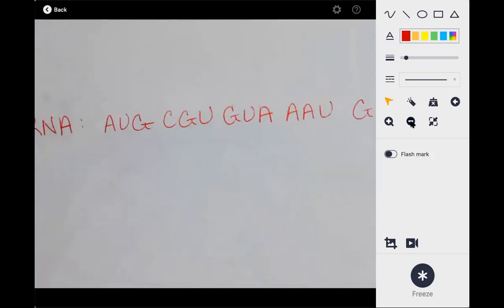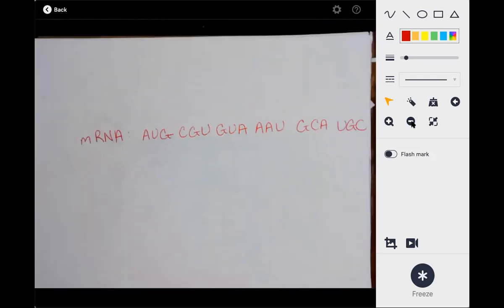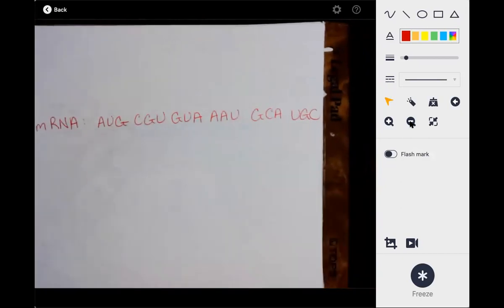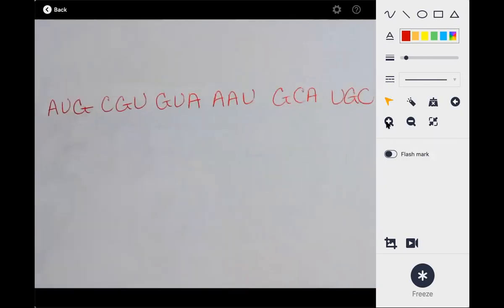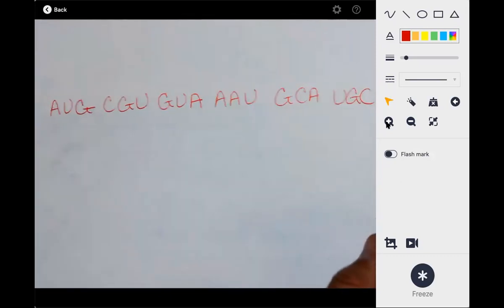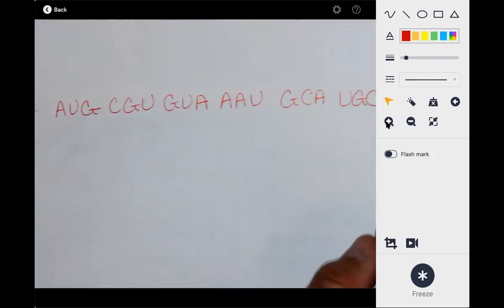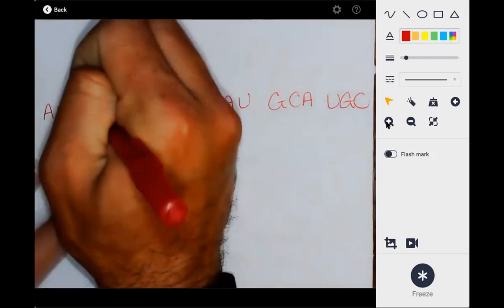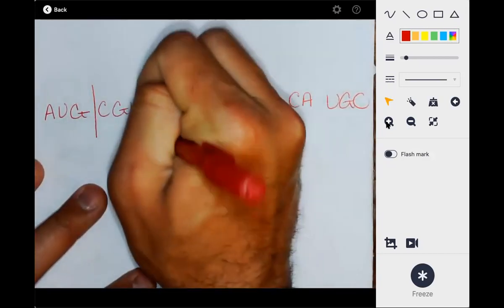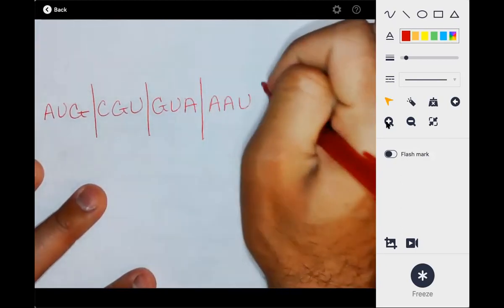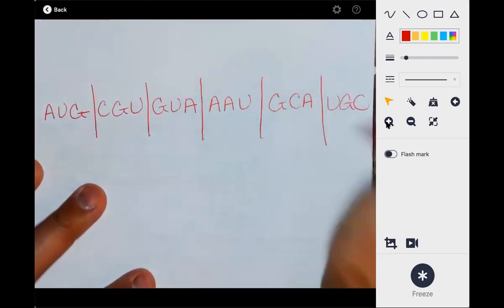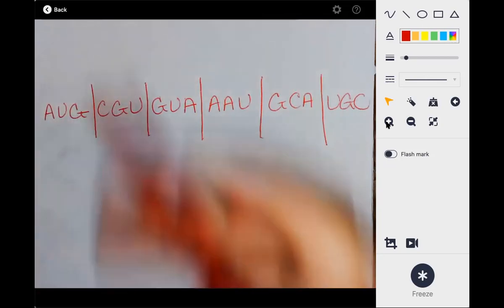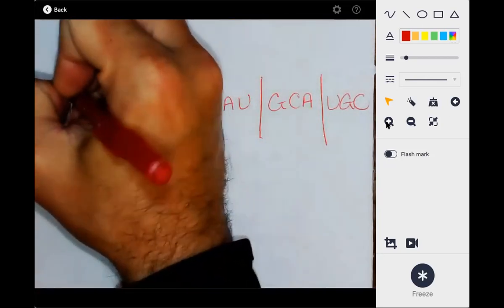Okay. I've got my strand of mRNA written out here. So this is my mRNA. Now, if I divide this strand up by threes, each of these 3 bases is what we call a codon.